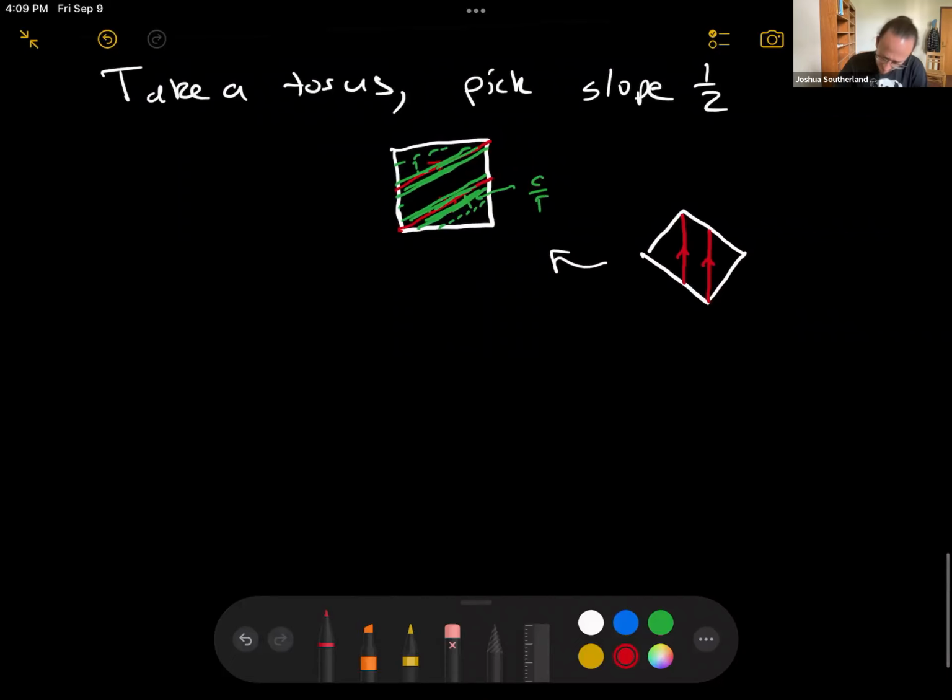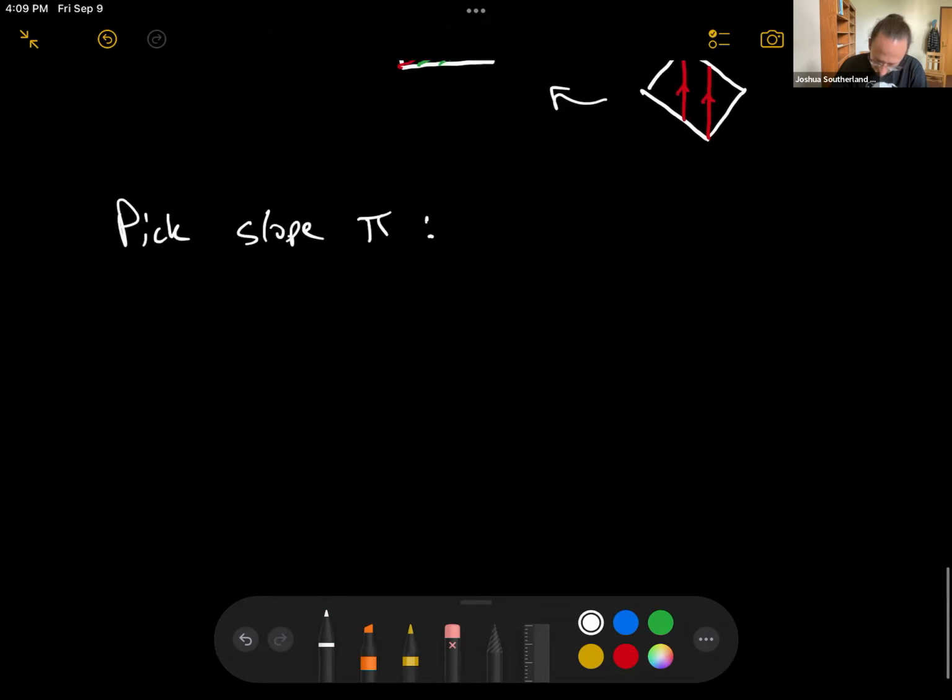Okay, so now let's do something slightly different. I'm not going to do something periodic. Let's pick the slope to be irrational. So slope, I don't know, pi. I'm not going to worry about rotating this, but we have some slope, something kind of like this.